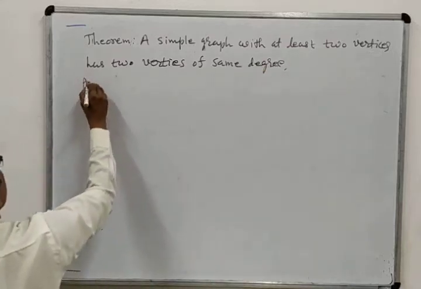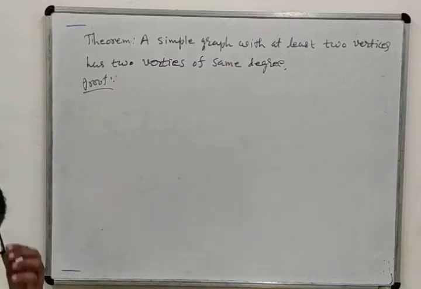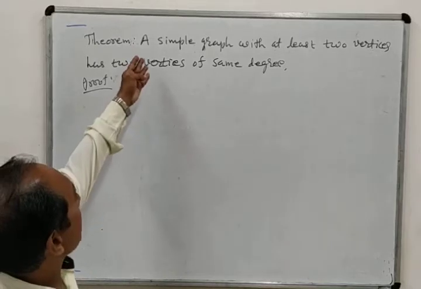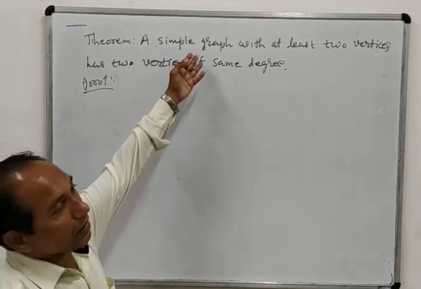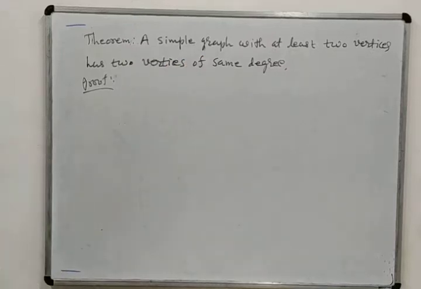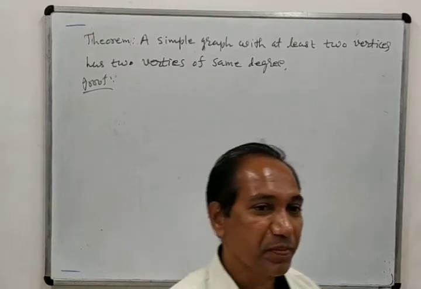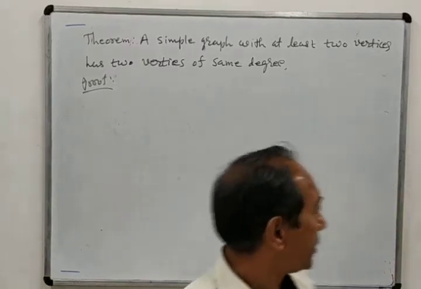The proof of this theorem is also very easy. First, you need to understand the content given in the statement of the theorem. Here we are given a simple graph, and we know that a simple graph is free from self loops and parallel edges.